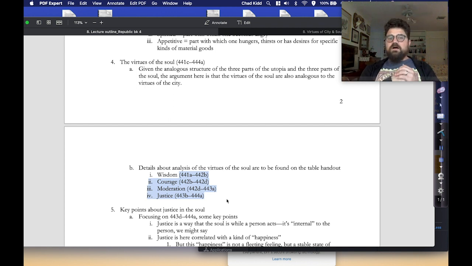Okay? Courage in the city will be whenever the spirited part of the soul supports the decisions made by reason, right? Suppose that you are running into battle and the rational part of your soul is telling you you should follow the commands of your leader because that is the right thing to do.